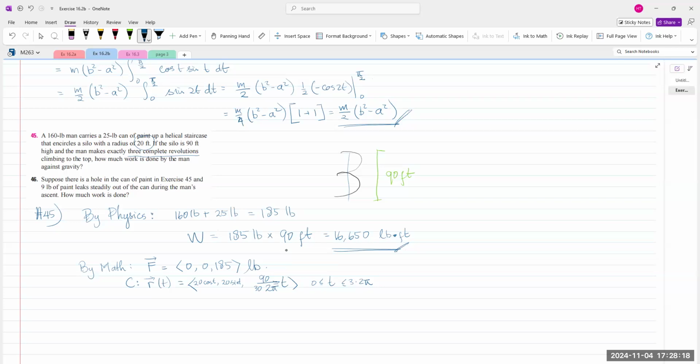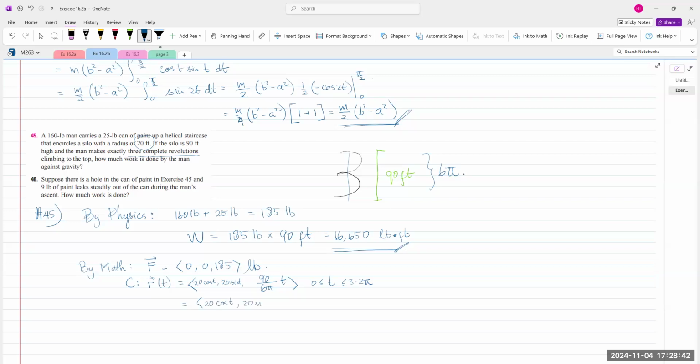Let's see. So I need to travel this in 6 pi. So 90 feet divided by 6 pi times t. Which we can simplify, let me simplify because it could be very nasty later on.